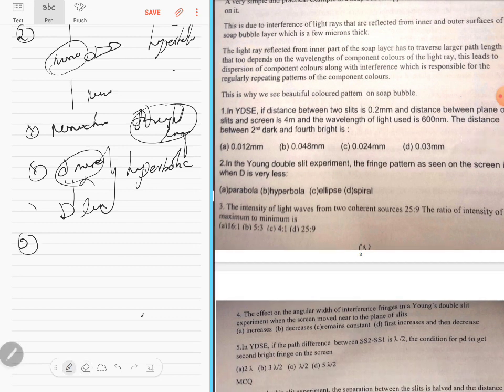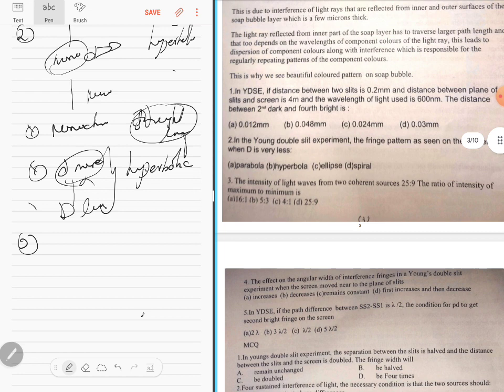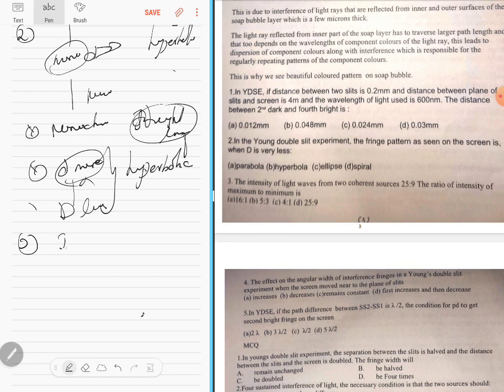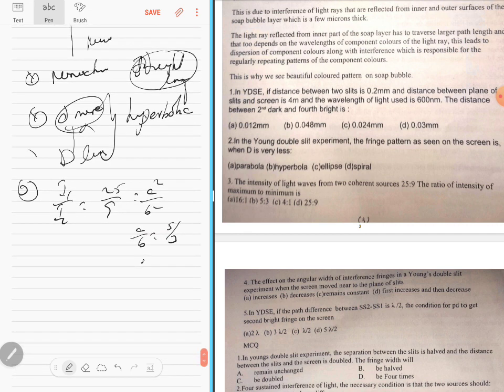The third question: the intensities of the light waves from two coherent sources, I1 by I2, are in the ratio 25 by 9. The ratio is nothing but a square by b square, so a by b is equal to 5 by 3. The ratio of maximum to minimum intensity, I max by I min, is (a plus b) the whole square by (a minus b) the whole square.